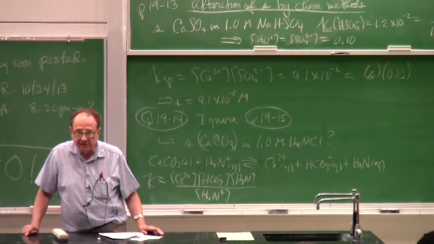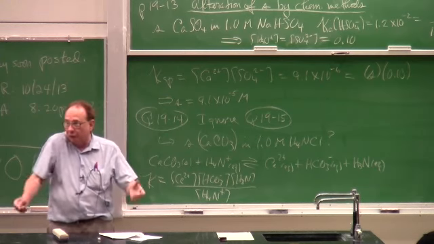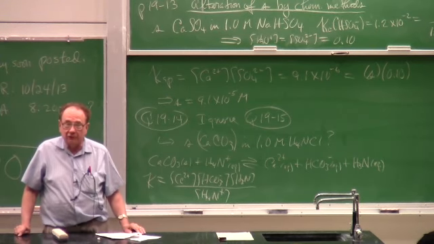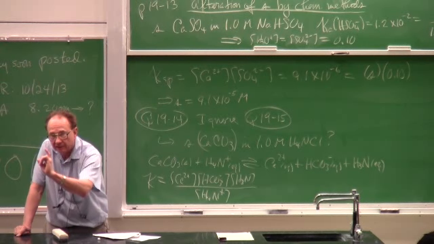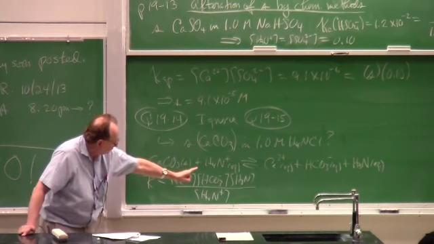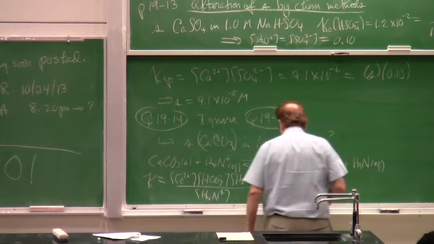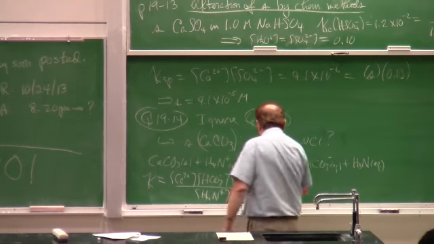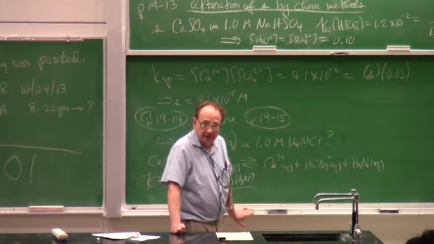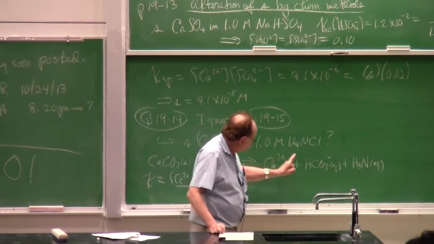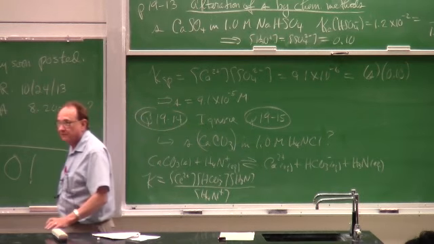So your task is A, calculate K. It's in the notes. But if you want to do yourself a favor, you'll do it without looking at the notes. And B, here's the fun question. For this system, how do you think at equilibrium, and why do you think it, the molarities of calcium ion, bicarb ion, and H3N ammonia compare for this system?